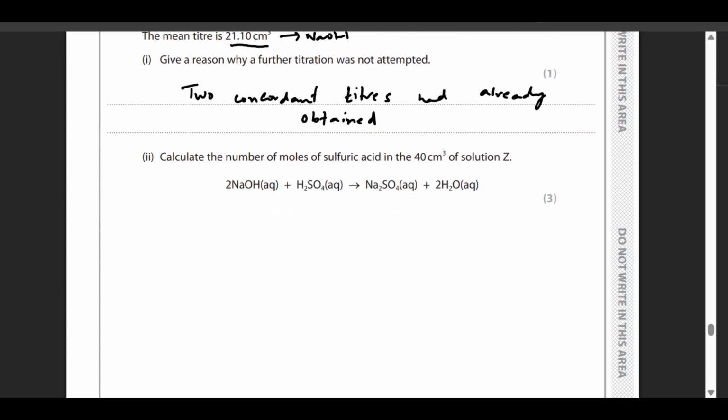Now calculate the number of moles of sulfuric acid in 40 centimeter cube of solution X. Okay, now you need to find the number of moles of sulfuric acid.